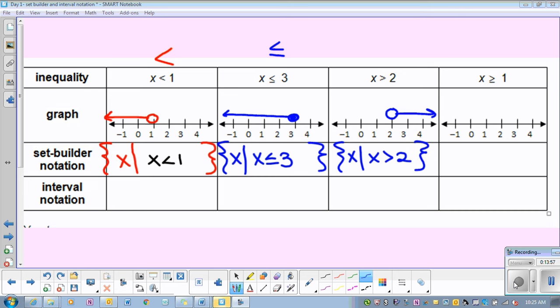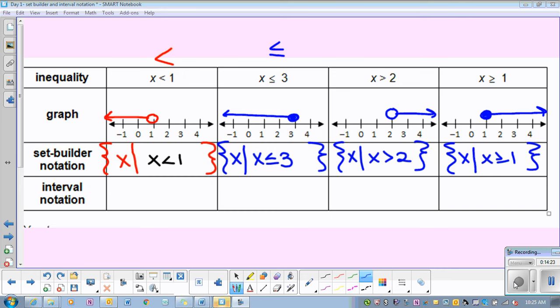All right. And the next one. X is greater than or equal to 1. So I'm going to go to 1, a closed circle, excuse me. Greater than or equal to, so we're going to the right. Set builder, X bar, X is greater than or equal to 1.